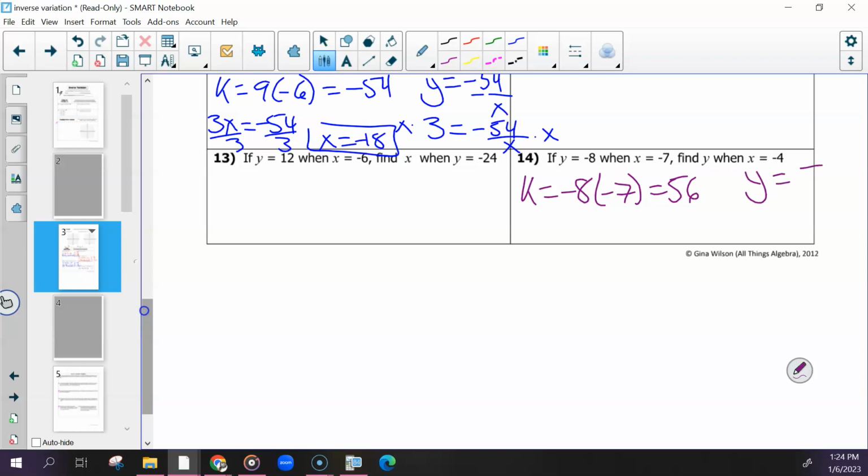So y equals 56 over x. Now we're looking for y and we have x. So put that in. What is your y value? If we check that, -14 times -4 should give us positive 56.